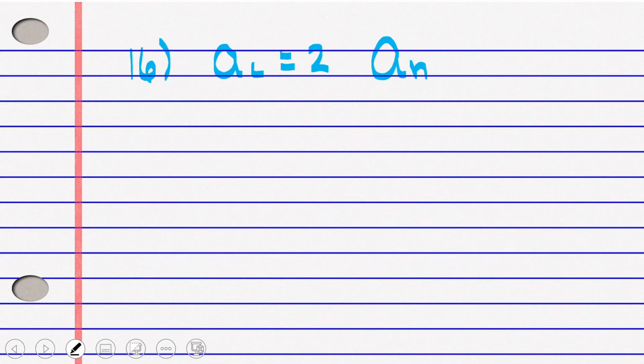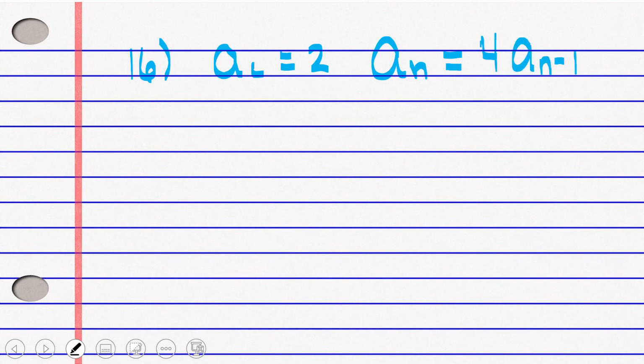All right, number 16 in our actual assignment. So you're given a of 1 equals 2, and you're given a of some term in the sequence is equal to 4 times a of n minus 1.